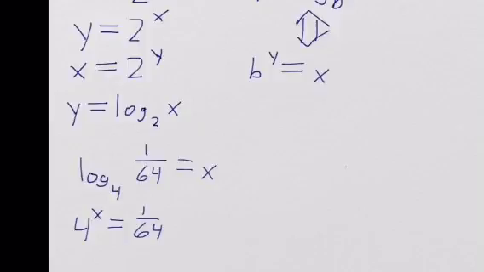So I ask myself, to what power do I need to raise 4 to get 1/64th? And that answer ends up being -3. So the basic idea of the logarithm is you ask yourself what power you need to raise the base to in order to get the argument of the logarithm.